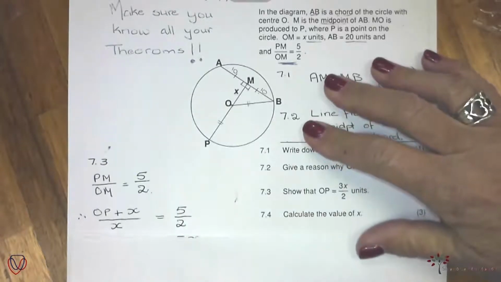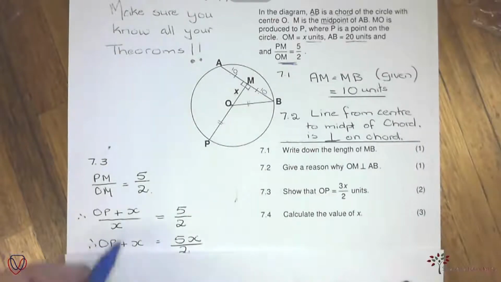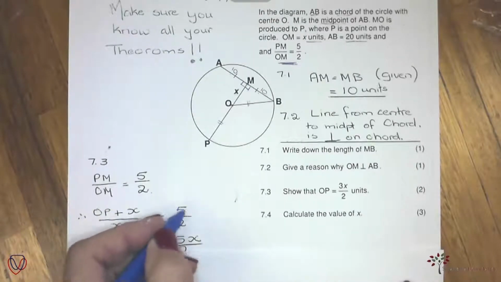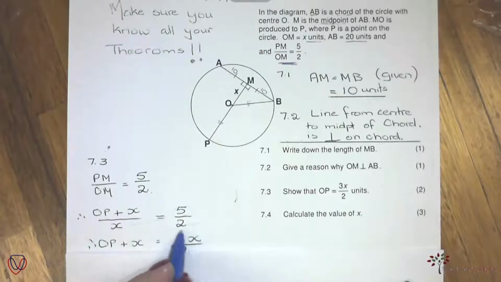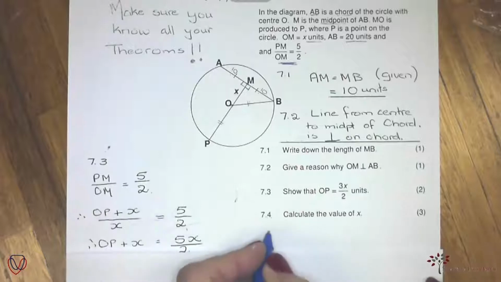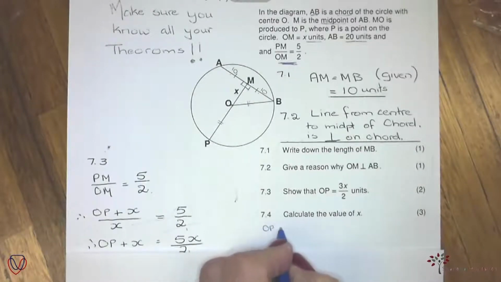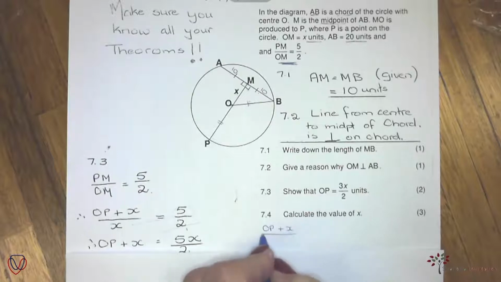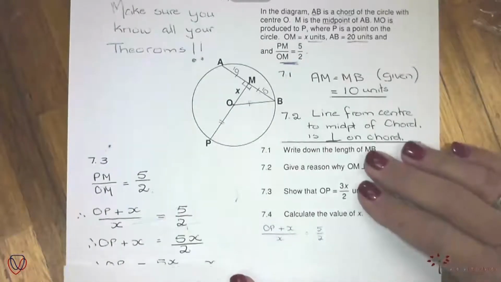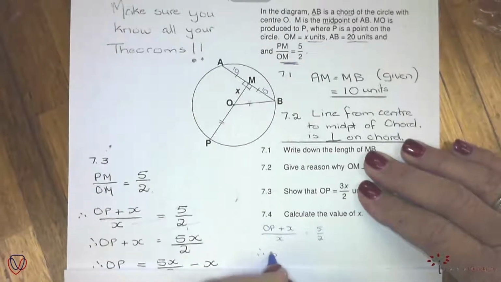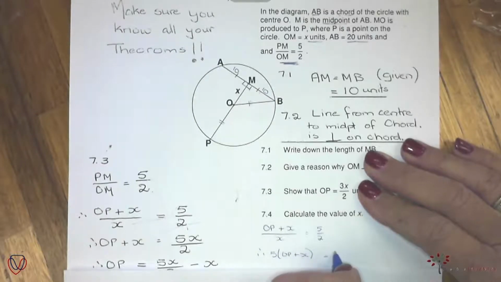Then we said, OP plus x will be 5 over 2 times x. I cross-multiplied. I took this whole fraction and multiplied it by x, and put it over 1. You could have done it in a different way. You could have said OP plus x over x is 5 over 2. Therefore 2 times (OP plus x) is equal to 5x.